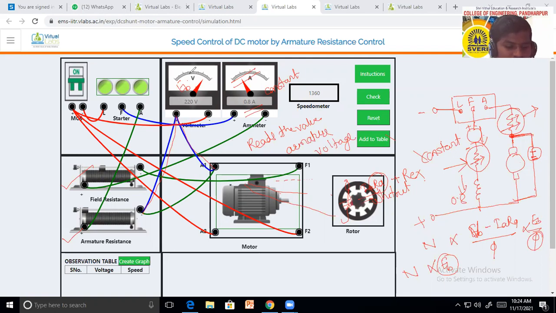At normal running condition, the back EMF is nearly equal to the supply voltage. So we have seen the significance of back EMF: at normal running condition the back EMF is nearly equal to the supply voltage, so it is 220. Okay, when I increase this value of resistance, if the value of this resistance is increased, what is the effect on EB? What effect will there be?